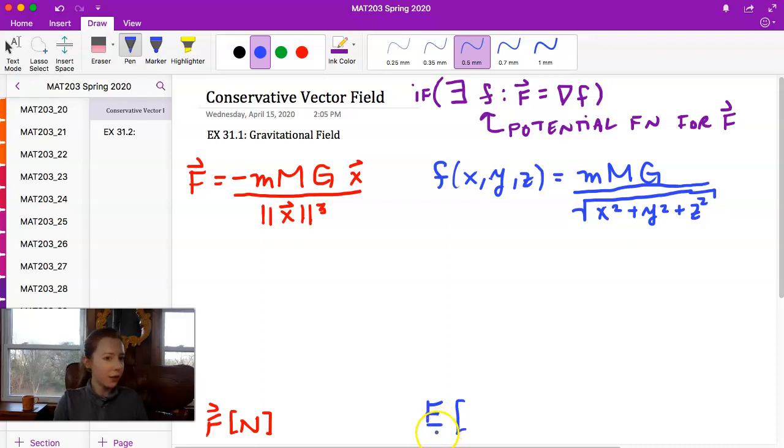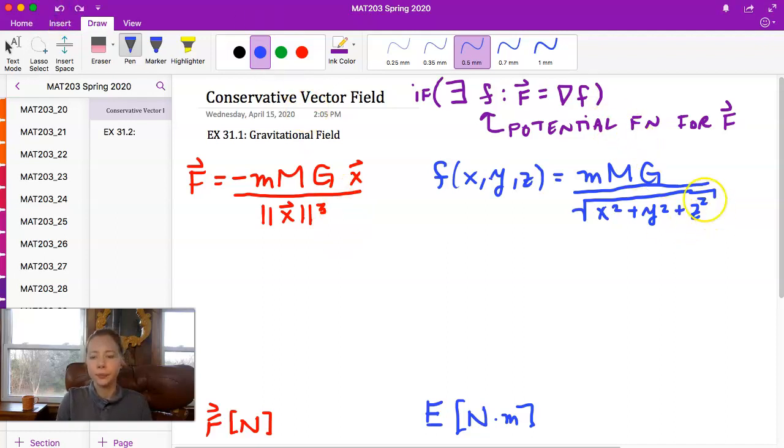Energy is not a vector, and the metric unit for energy is a joule, and a joule is equal to a Newton meter. If you were going to do dimensional analysis on this, if you canceled out this vector x with one of the vector x's down here, you end up with mMG over a distance squared. And if you did dimensional analysis in metric units, that would come out to a Newton.